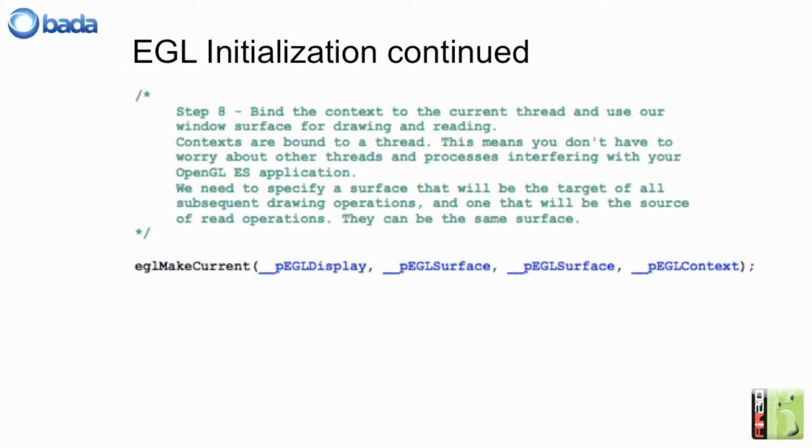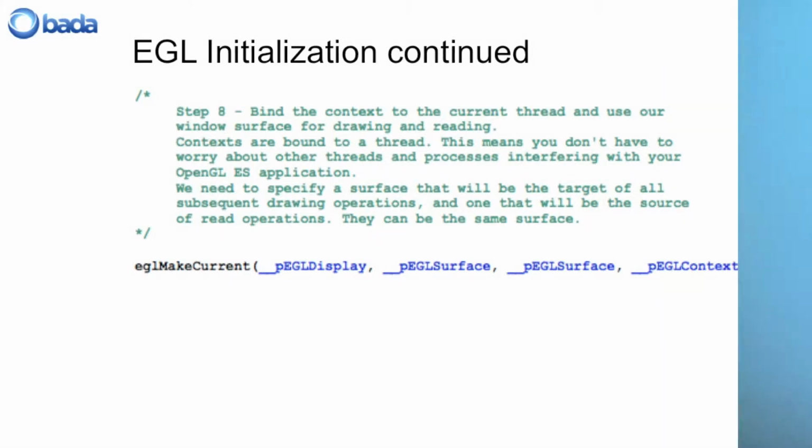I won't go into the details of what this method does, but the important thing is that the read and write surfaces are both the same, and we're combining that with the first argument, which is the native display. So I just wanted to put this in here to hopefully have some developers say, oh yes, I've seen that before, I've done that before, because we're doing it in a pretty much standard way.